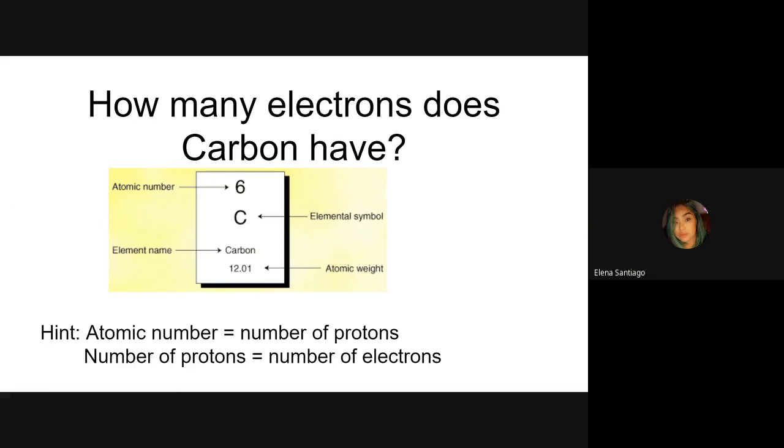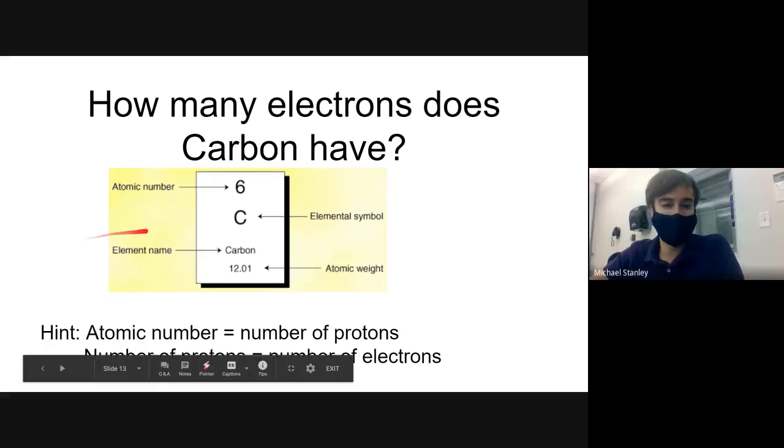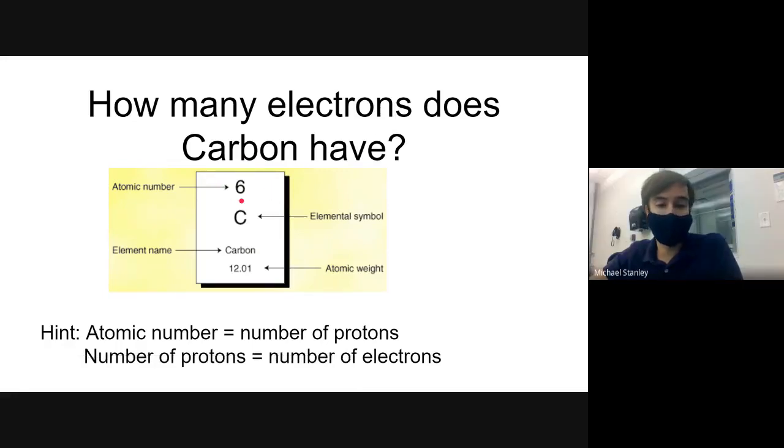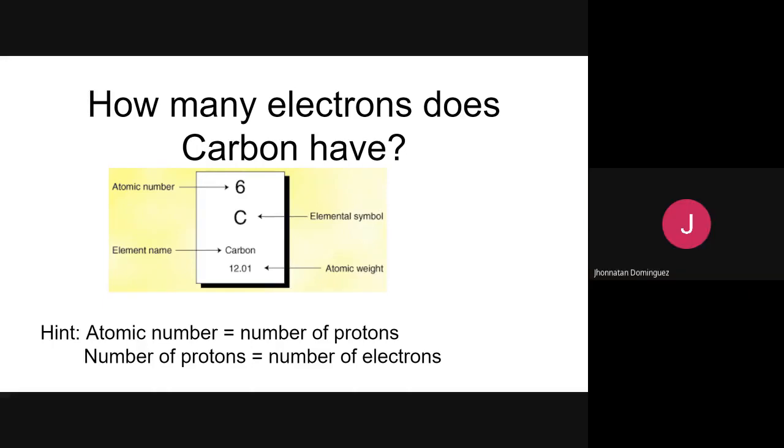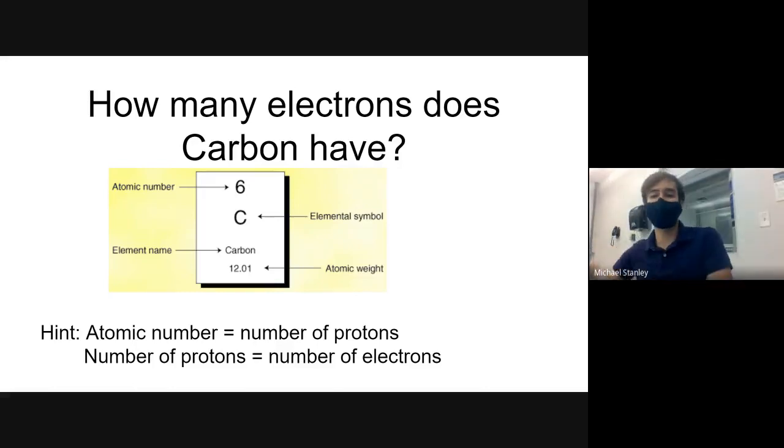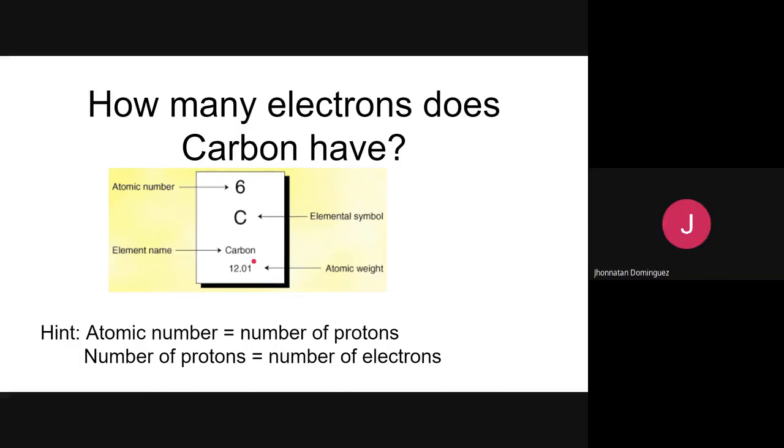Because it's the same as the proton in the top. Exactly. Electrons are the same as the protons, which are the same as our atomic number up here. Which also has 6 neutrons. Oh, Jonathan is thinking ahead. Jonathan, how'd you figure out that carbon has 6 neutrons? Subtracting the atomic number by the atomic weight.